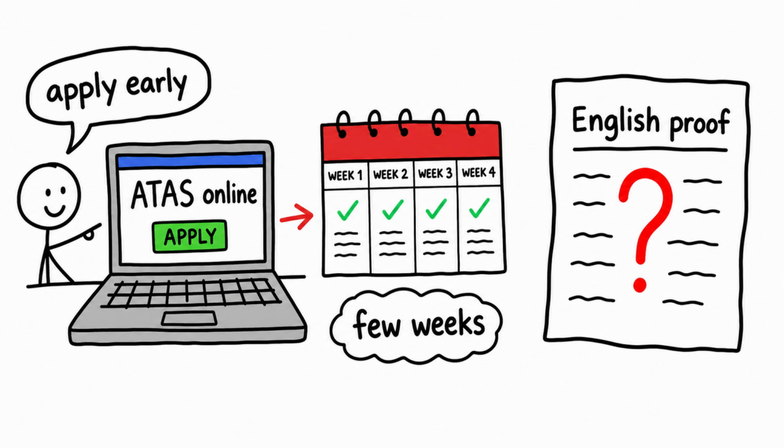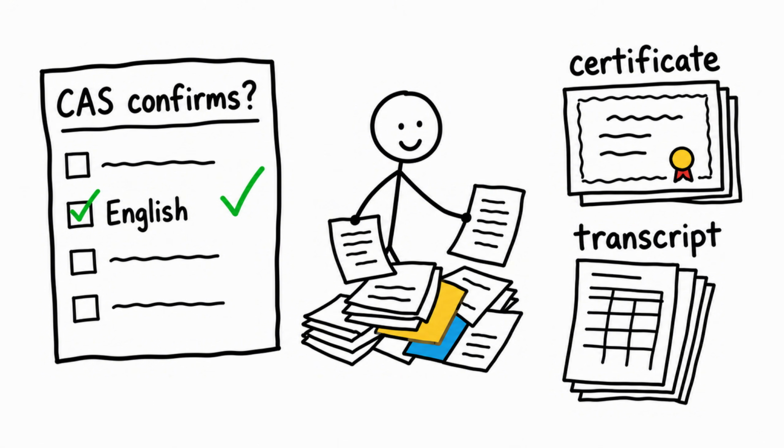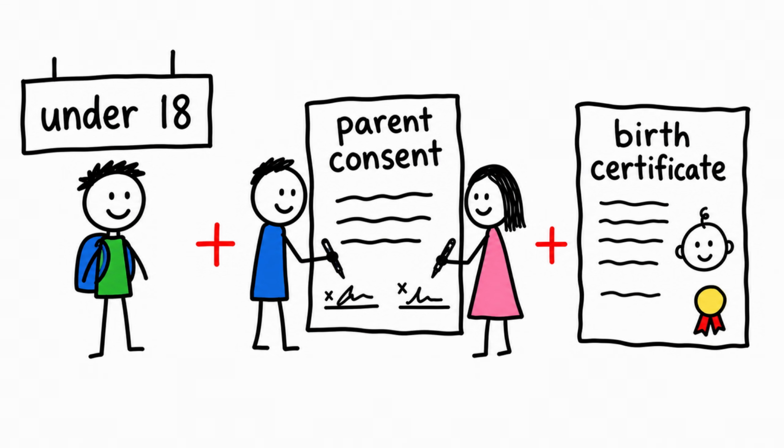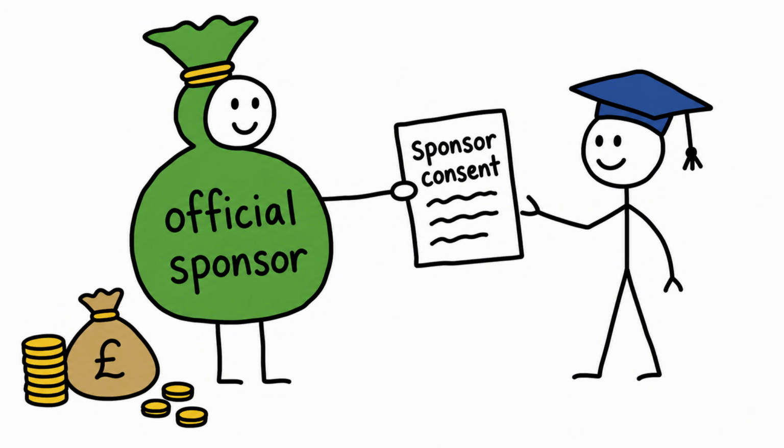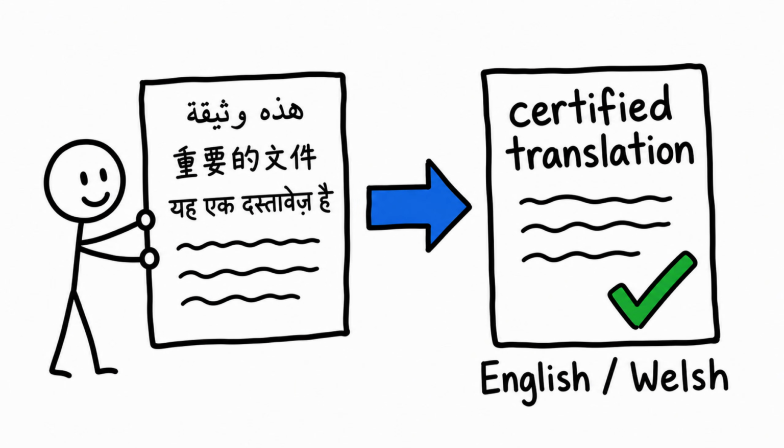If your CAS doesn't already confirm it for you, there are your academic certificates and transcripts, the ones listed on your CAS. If you're under 18, you'll need written consent from both your parents plus your birth certificate. There's a sponsor consent letter if you've got an official sponsor funding you. And finally, anything that isn't in English or Welsh needs a full certified translation.